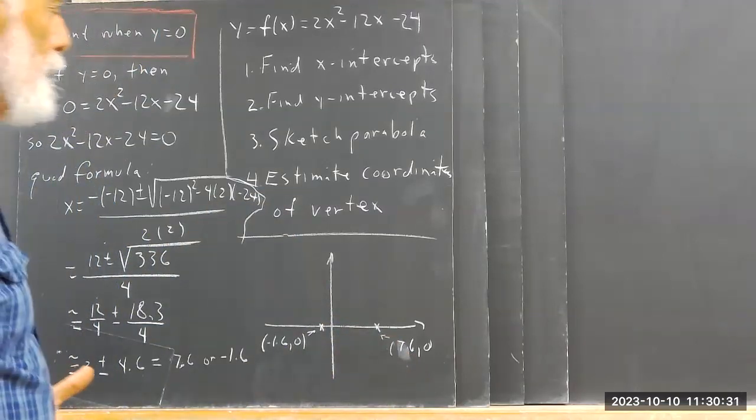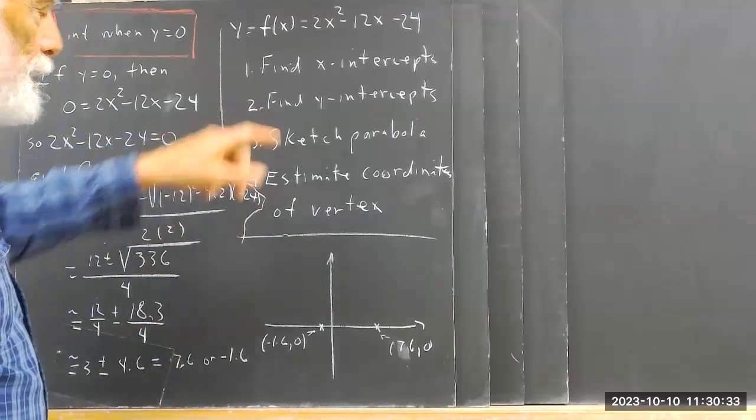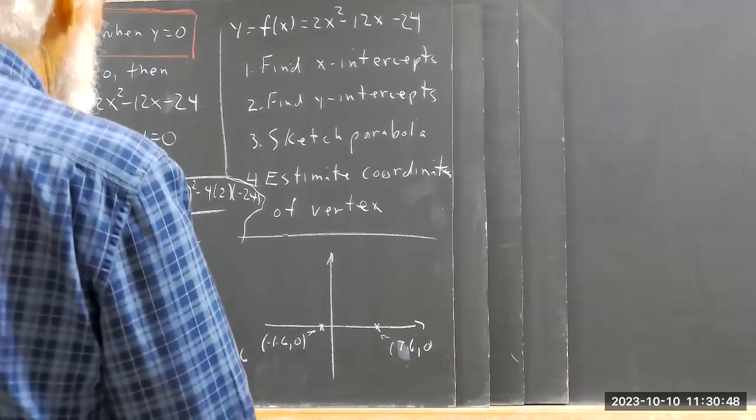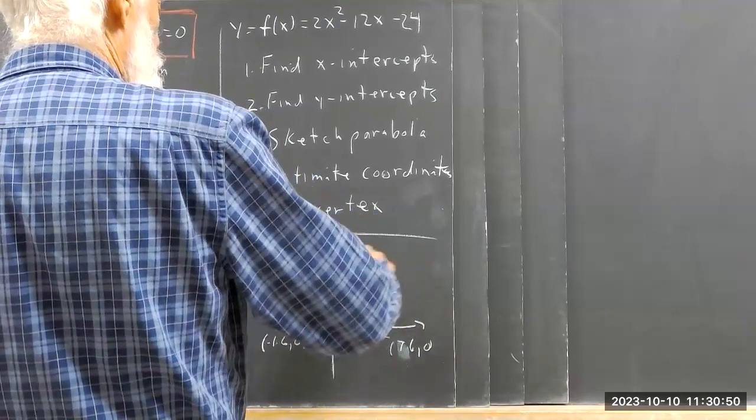Now, the second thing was find the y-intercepts. Now, nothing we've done so far is going to be useful for finding the y-intercepts, but it's very, very useful because we've already got a pretty good idea that the graph is either going to look like this or this.